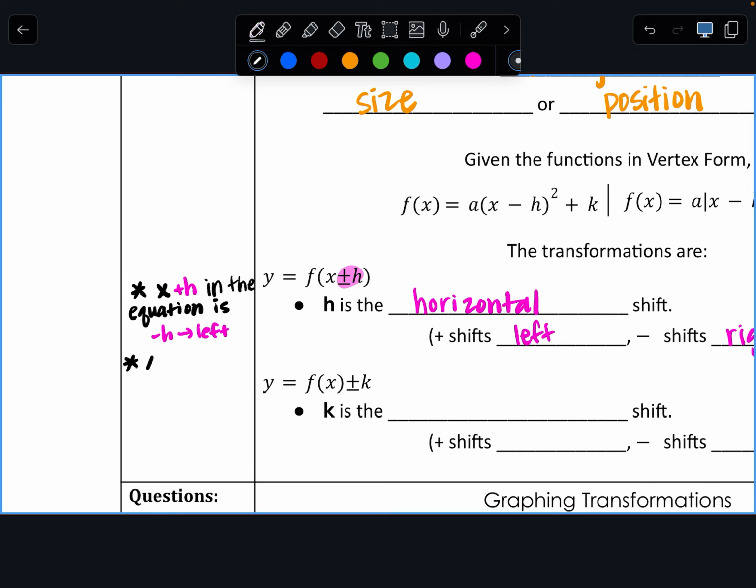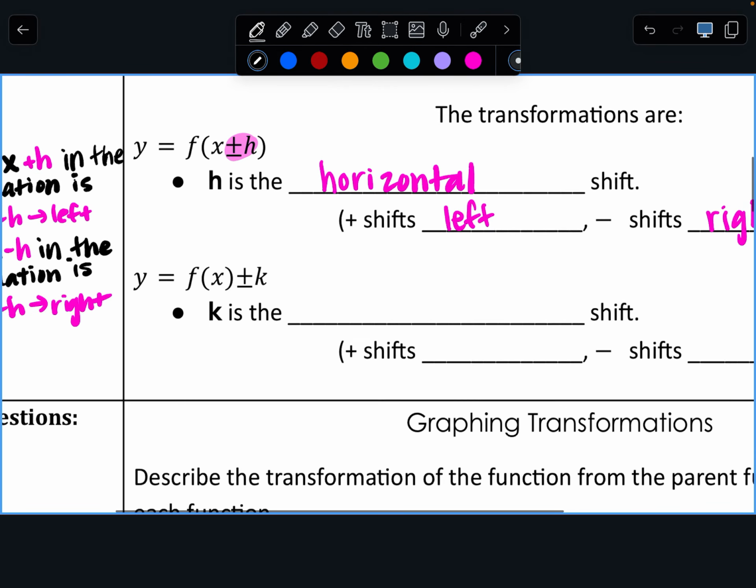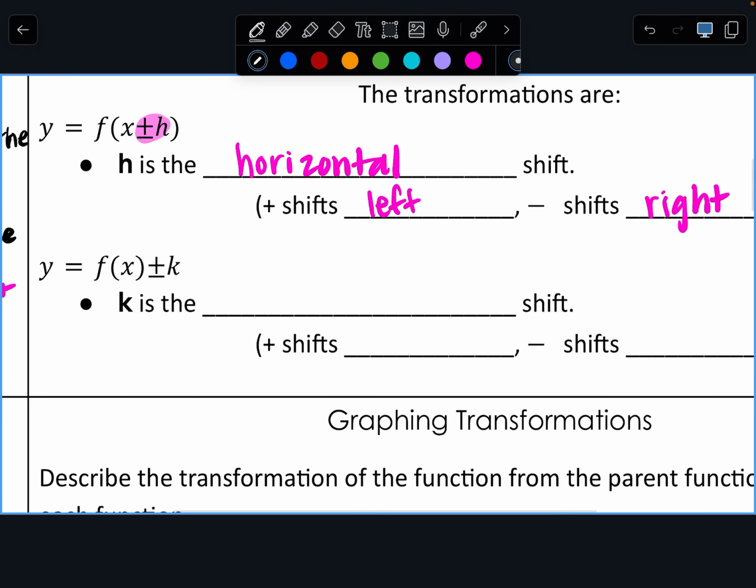And x minus h in the equation is actually a positive h and moves right. So you just have to remember that h is the opposite of what you think it will be. Positive shifts left, negative shifts right, when you see that in the equation.